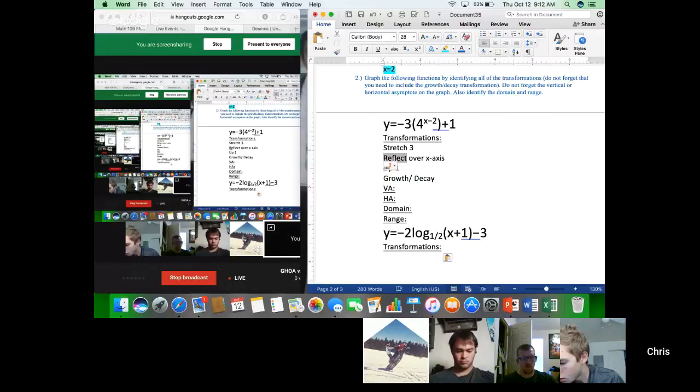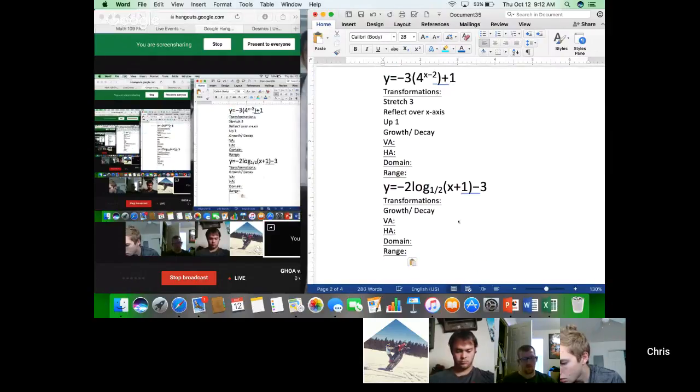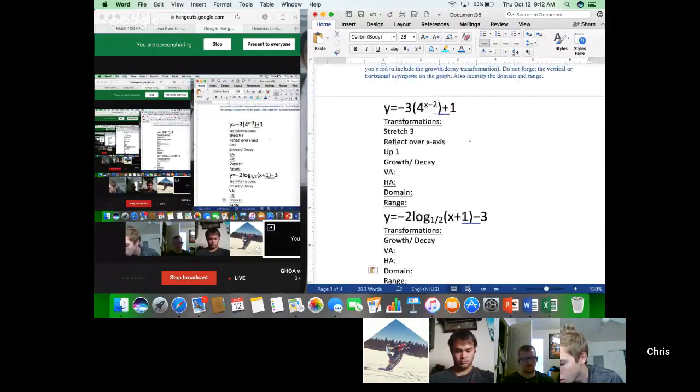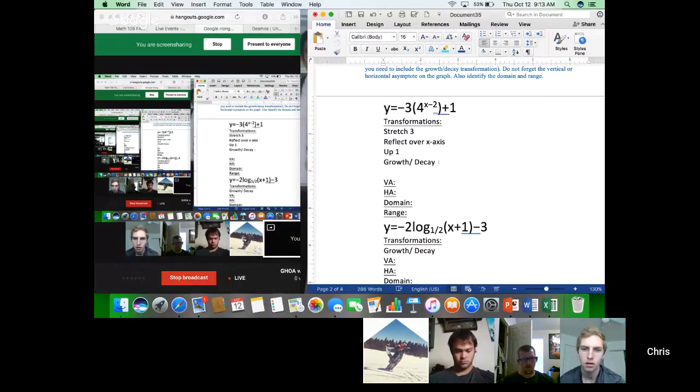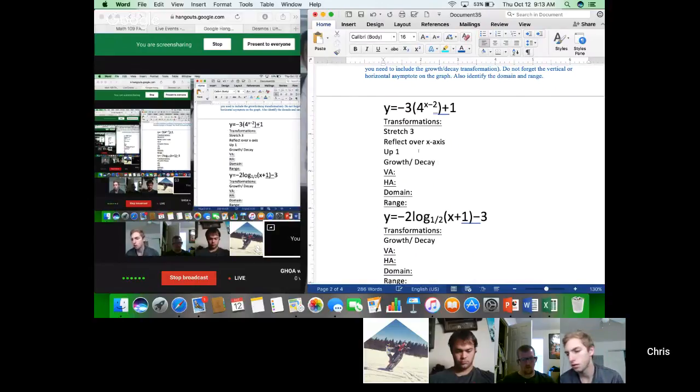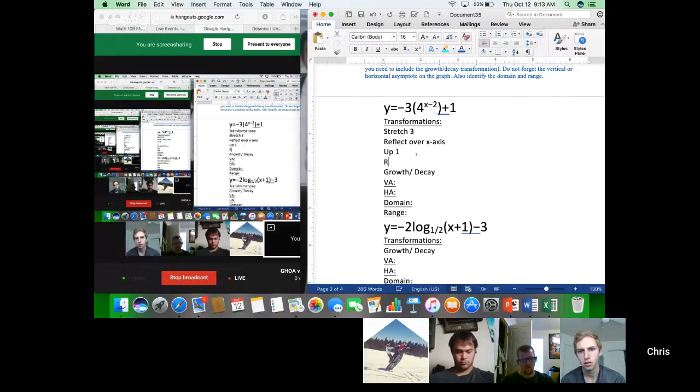We could put the domain in, and the range would be 1 to infinity. It goes to the right 2. And I'm guessing it's decay, but I'm not sure. Yeah, it's decay.